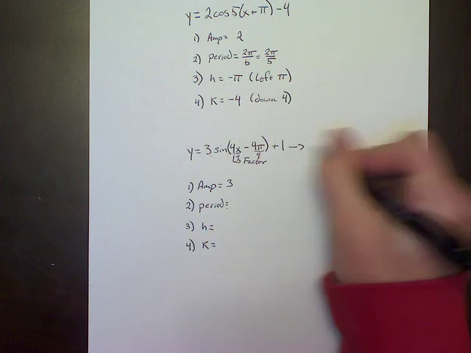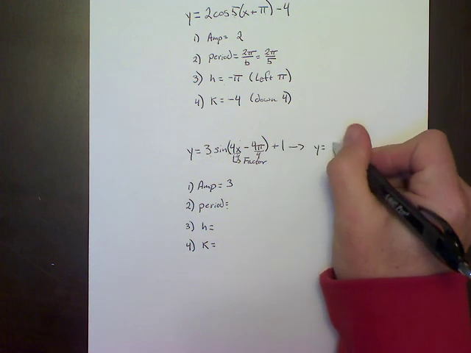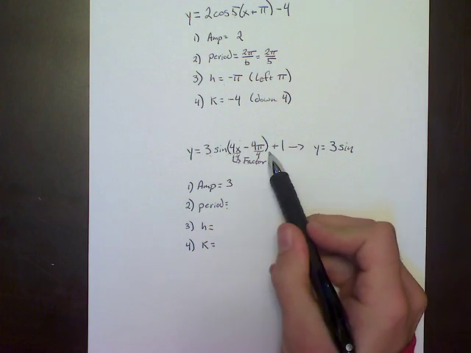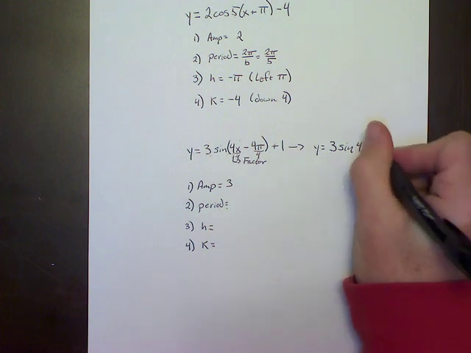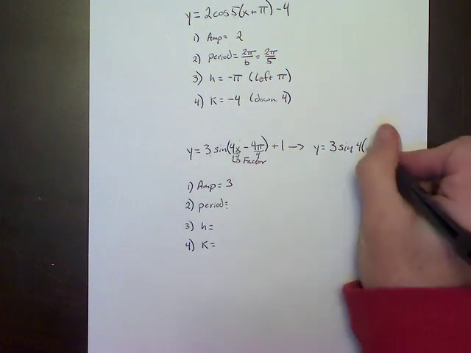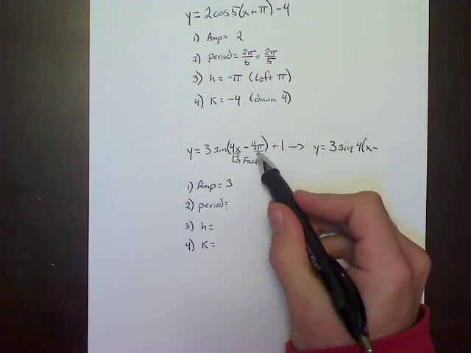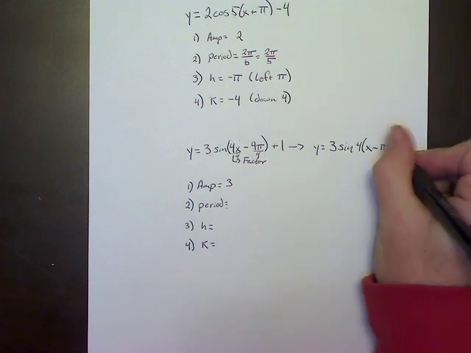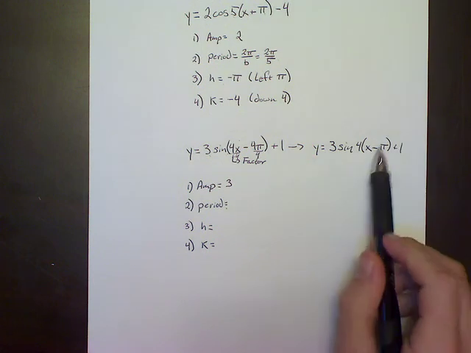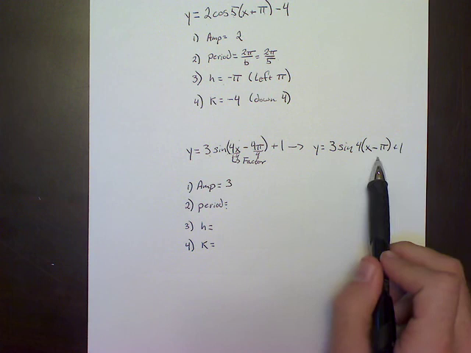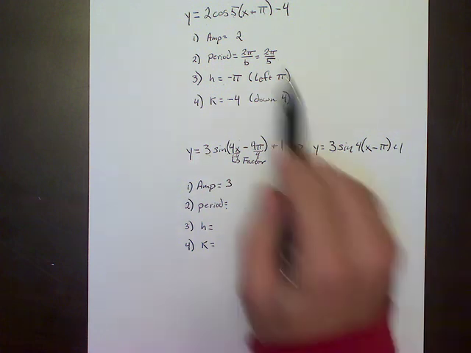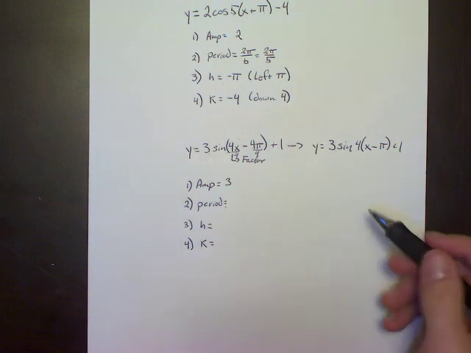So then our new equation becomes: the 3 stayed the same, so sine. Now because we pulled the 4 out, that 4 is going to go on the outside of the parentheses, and 4x divided by 4 is just x, minus 4 pi divided by 4 is just pi, and that plus 1 is still the same. Now it's exactly like the others, and we can pull out the rest of this without too many problems.